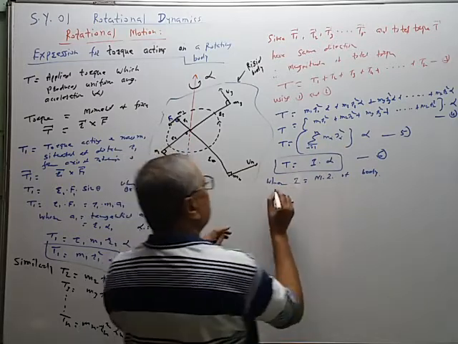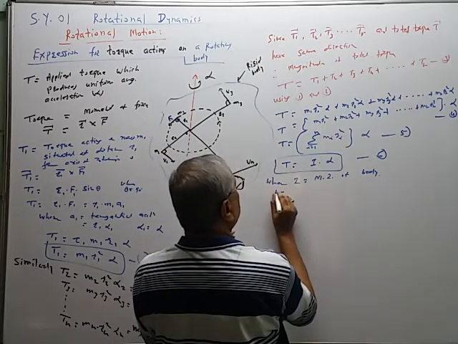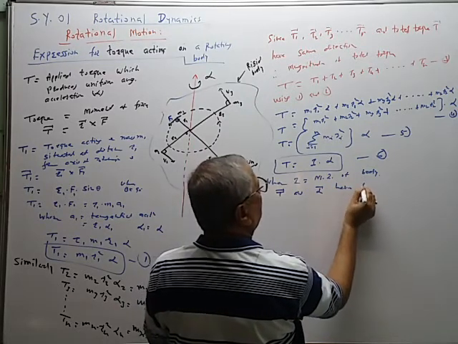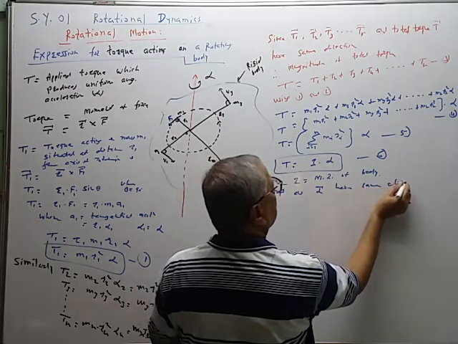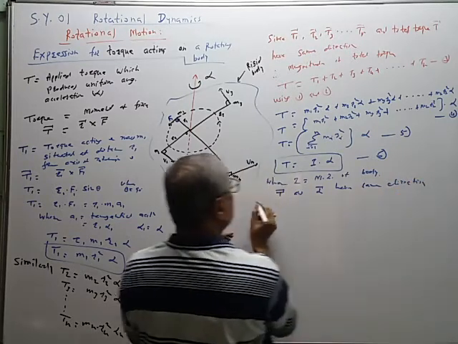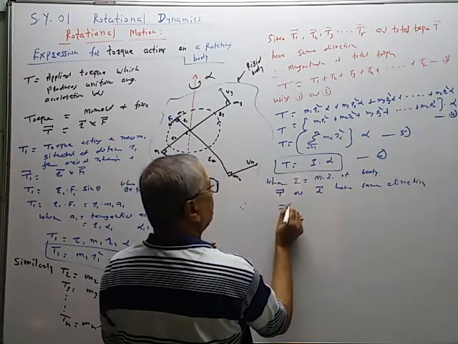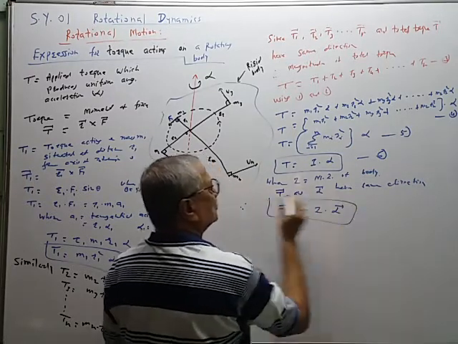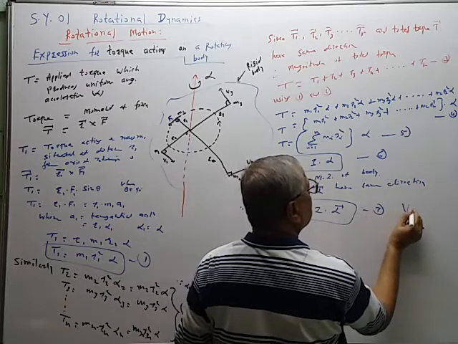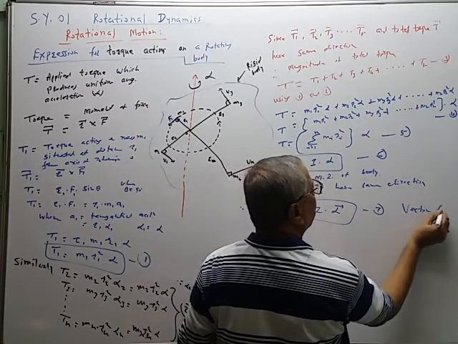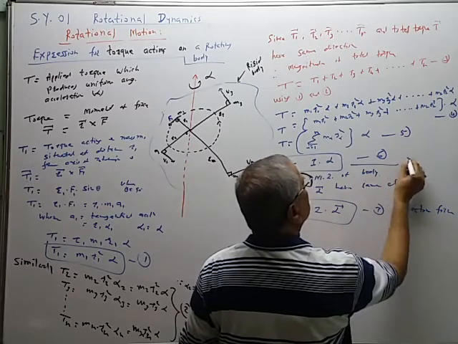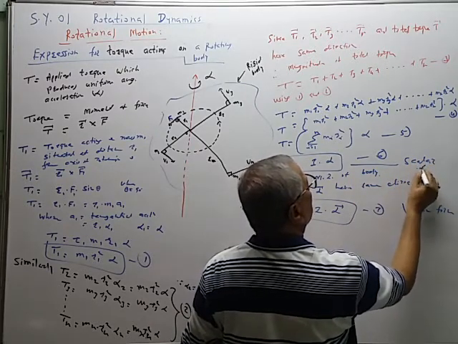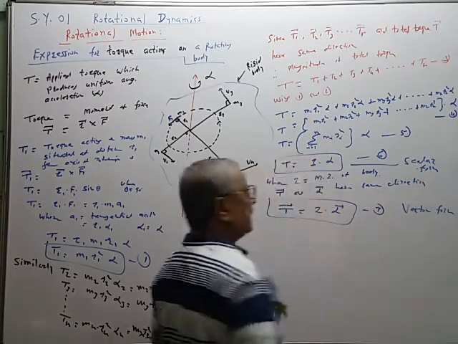Since T and alpha have the same direction, vertically upward by the right hand rule, therefore in vector form T is equal to I multiplied by alpha. So this is equation 7. This equation gives the vector form of the relation, and the earlier one gives the scalar form, its magnitude only, without direction.